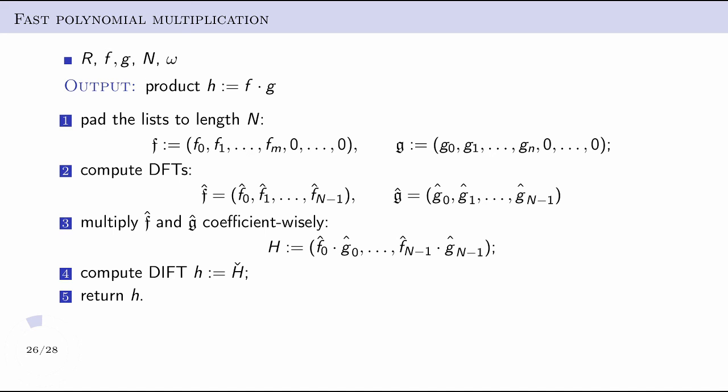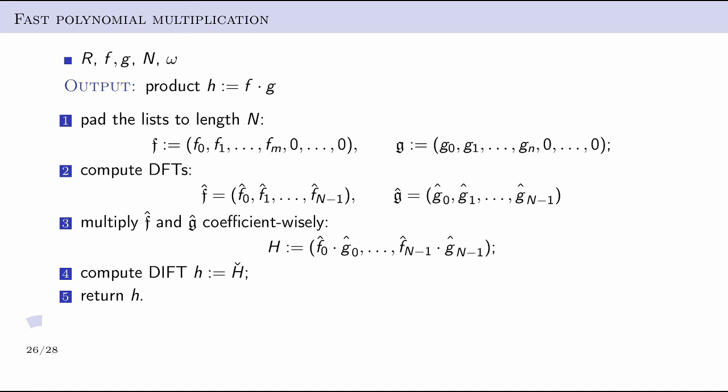So we multiply f0 hat by g0 hat, f1 hat by g1 hat, f2 hat by g2 hat, and so on. We multiply the corresponding elements of these two sequences, and we arrive at the resulting sequence H, which is the Fourier transform of the product of f and g.